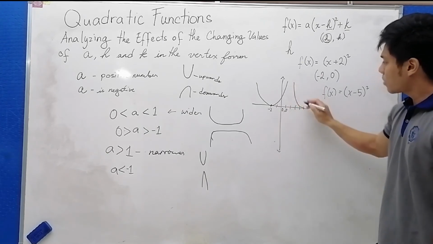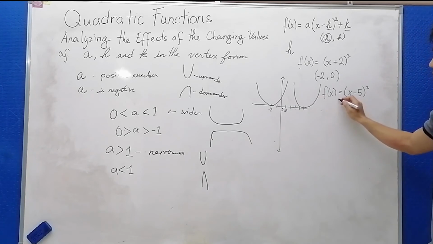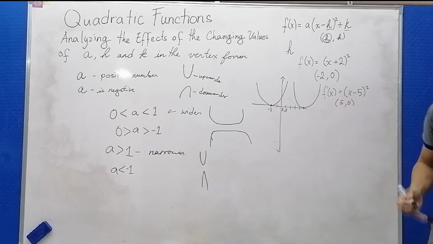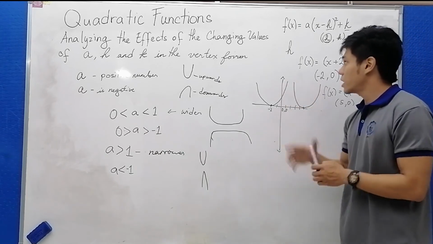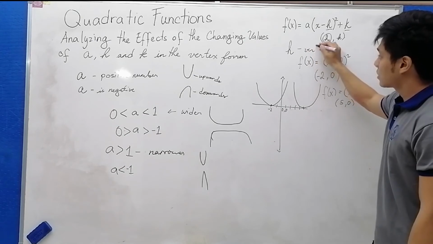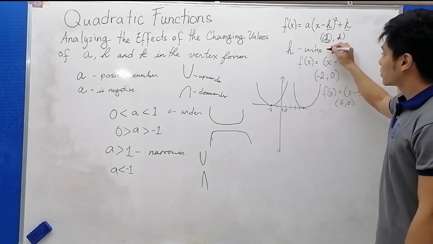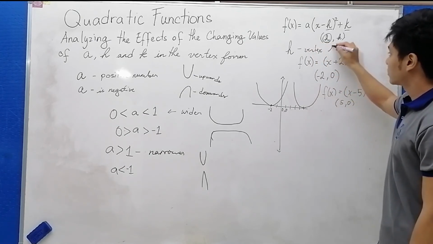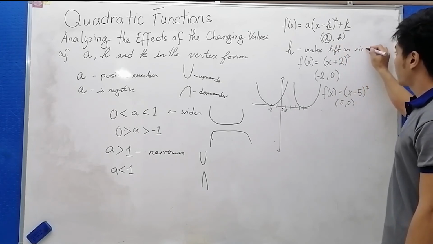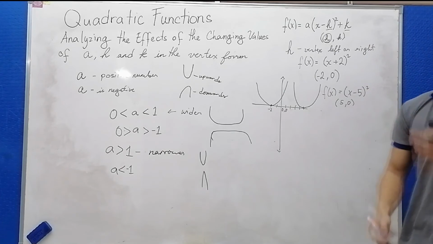So that's where our parabola will be placed, with the vertex of 5 and 0. That is what we can learn from h. H will tell us if the vertex will move to the left or right. Now, that's what we can learn from h.